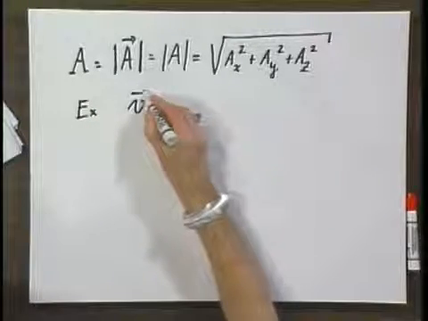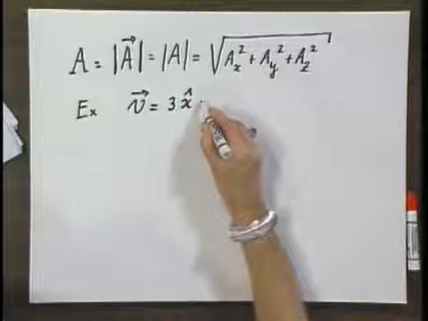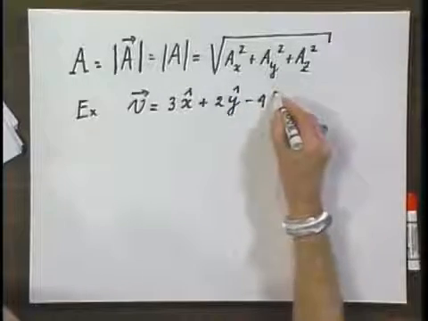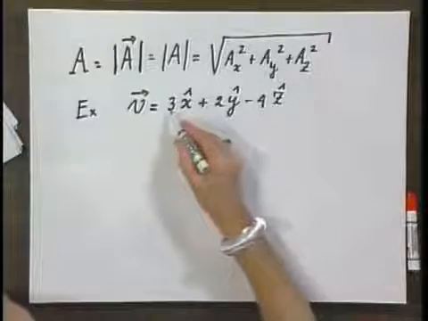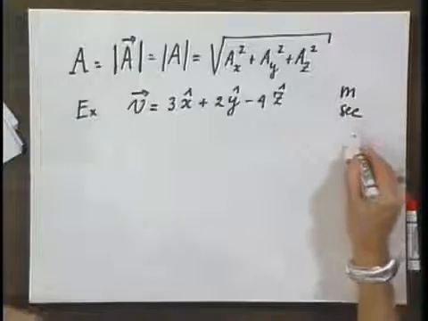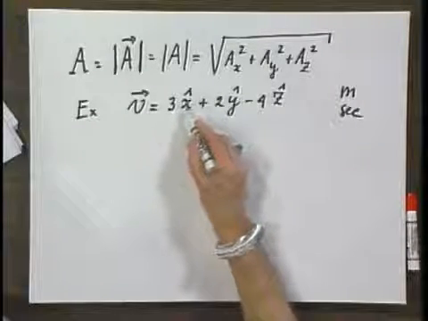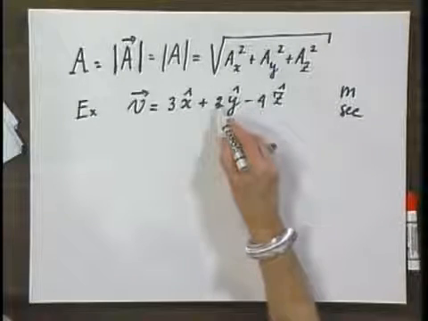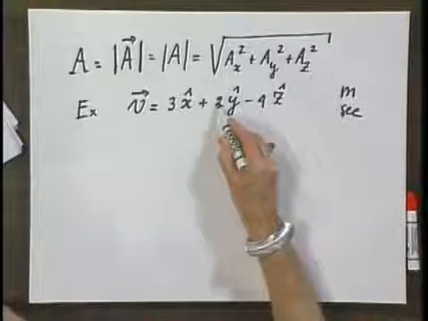Let's have a velocity vector. And the velocity vector is given by 3x roof plus 2y roof minus 4z roof. What this means is that if we assume that distances are always measured in meters and times are measured in seconds, it means that the component in the x direction is plus 3 meters per second. The component of the velocity in the y direction is also plus, and it is in this case plus 2.